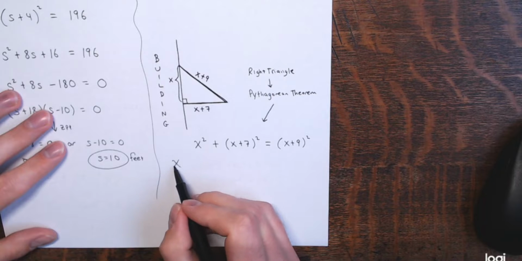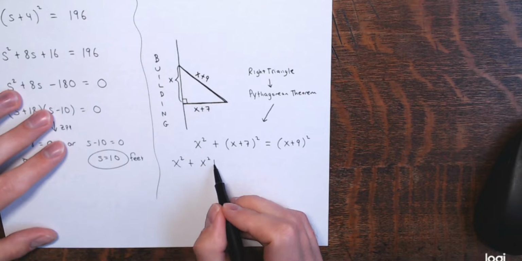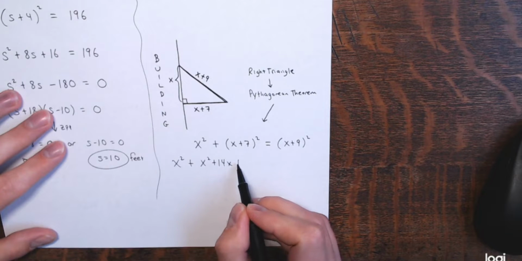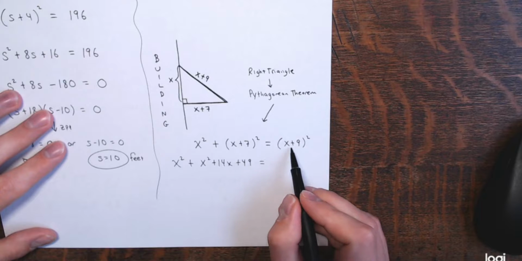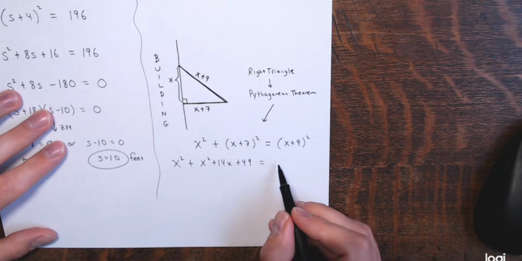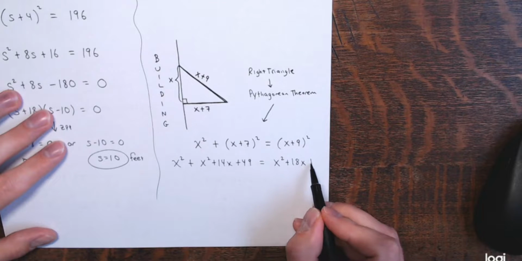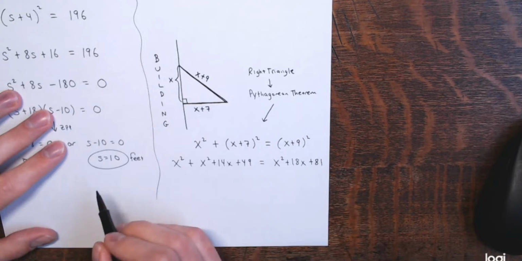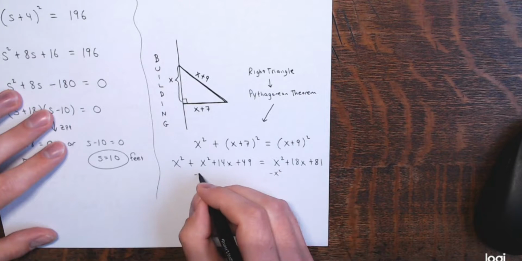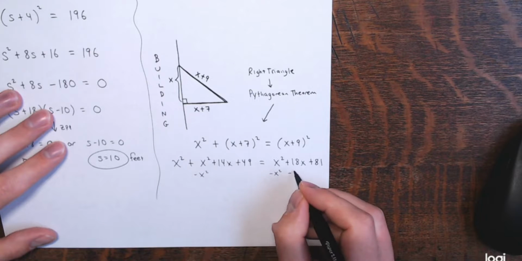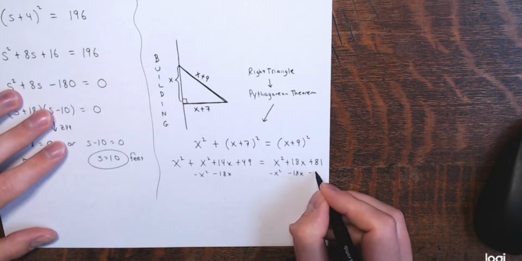So this is x squared plus, now x plus 7 squared is x squared plus 14x plus 49, equals, and then on the other side, x plus 9 when you square it would be x squared plus 18x plus 81. And then I just take everything to the left. So I'm going to take away x squared, I'm going to take away 18x, I'm going to take away 81.